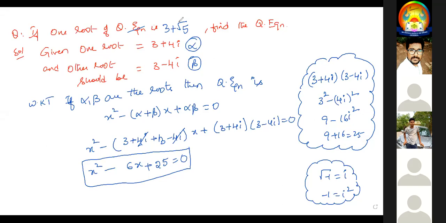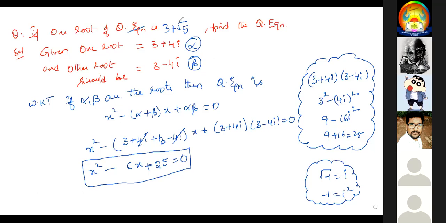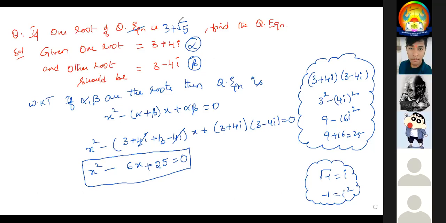Find the quadratic equation. Sir, x square minus 6x minus 16. Yes, sir. X square minus 6x plus 4. Correct. X square minus 6x plus 4 is equal to 0.